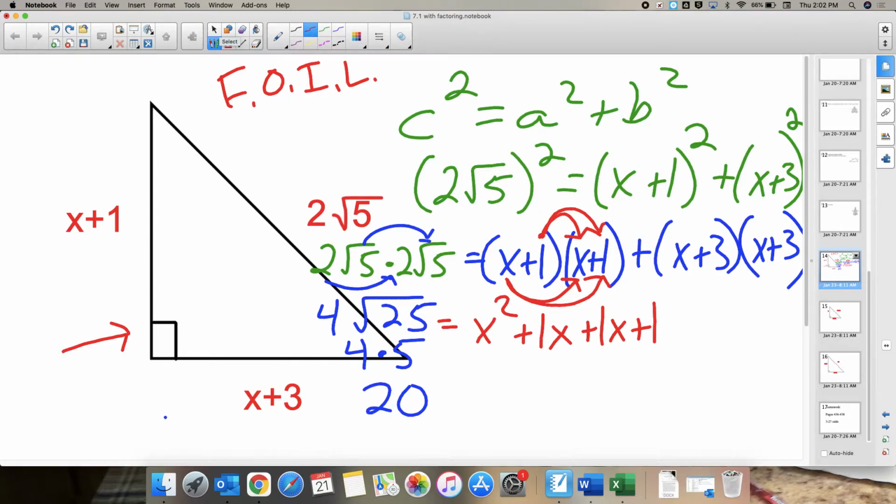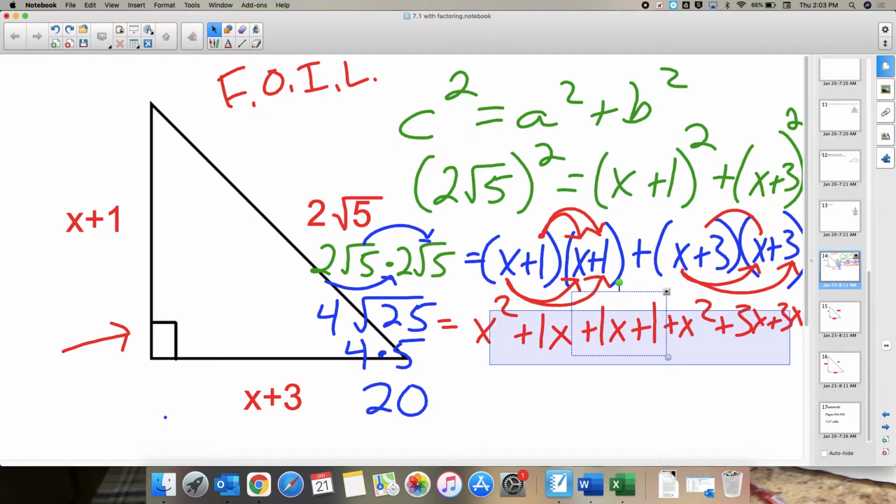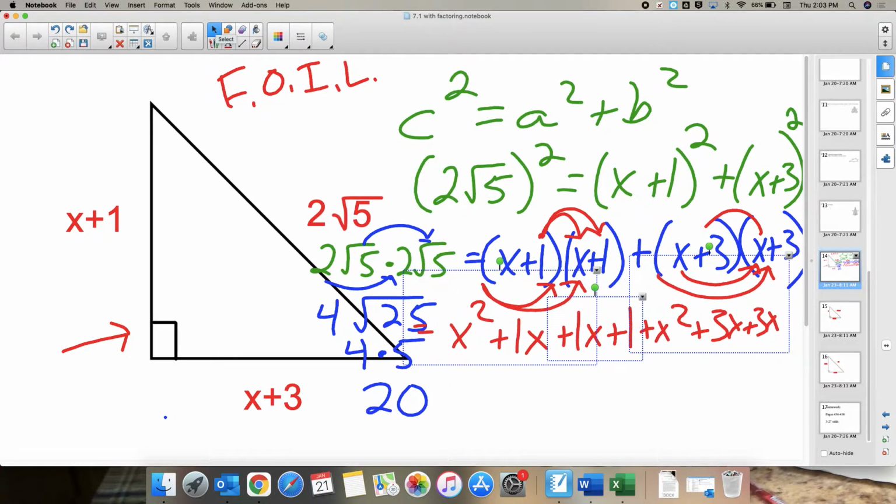FOIL means first, outers, inners, and I got to move over for my last here. And then finally, my last. 3 times 3 gives me a plus 9.